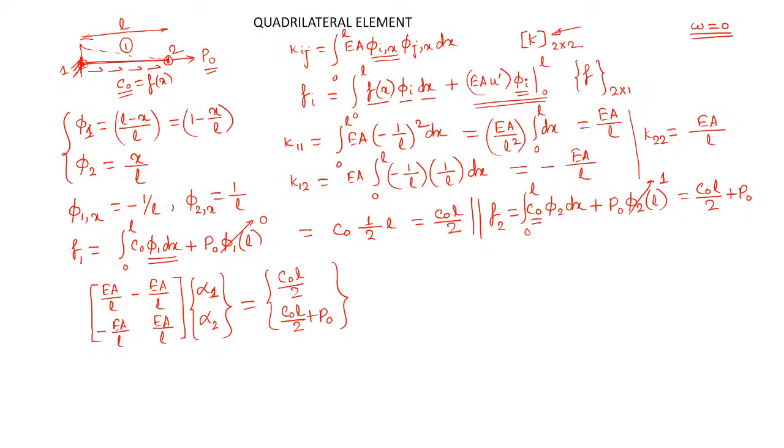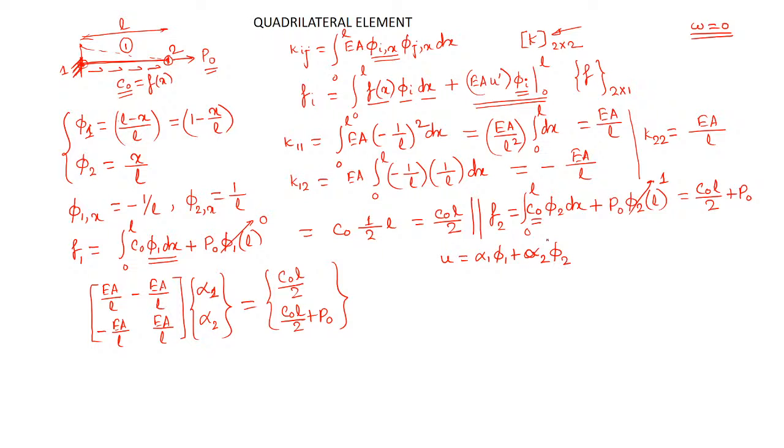Now after this, what we need to do? I told you that this stiffness matrix is not invertible. So we have to apply the Dirichlet boundary condition. As I said, at x equal to 0, my displacement is fixed. So displacement at x equal to 0 is 0. Displacement is defined as alpha 1 phi 1 plus alpha 2 phi 2.